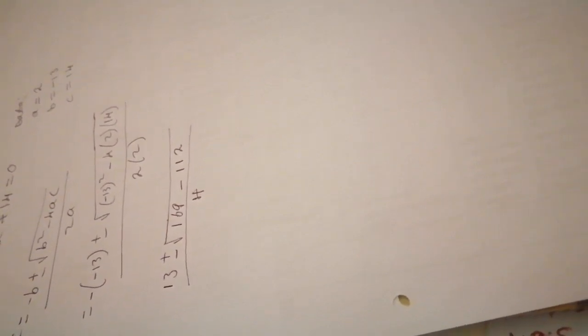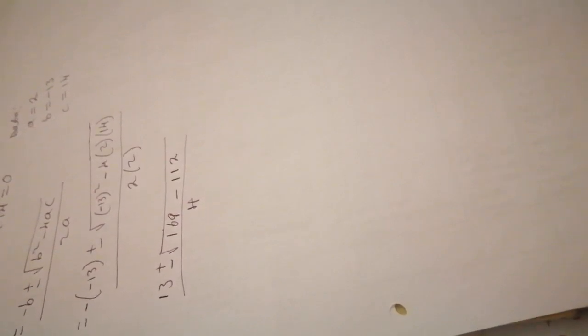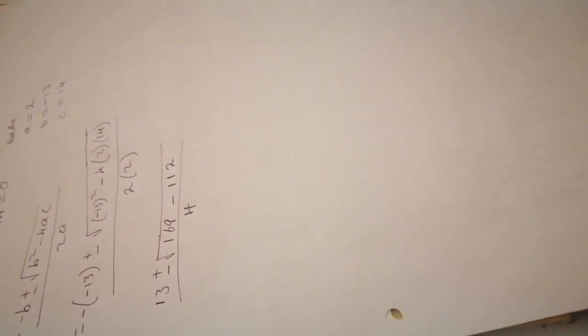Negative 13 times negative 13 is 169. Negative 4 times 2 is negative 8. Negative 8 times 14 is negative 112. Okay, so we have 13 plus or minus the square root of 169 minus 112, which will give us 57 over 4.